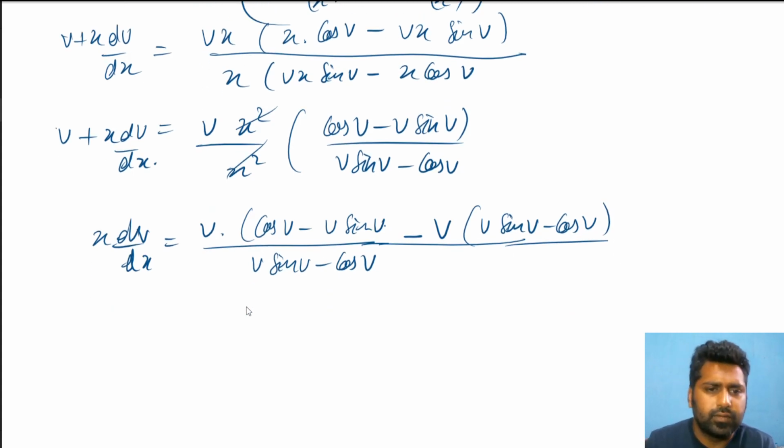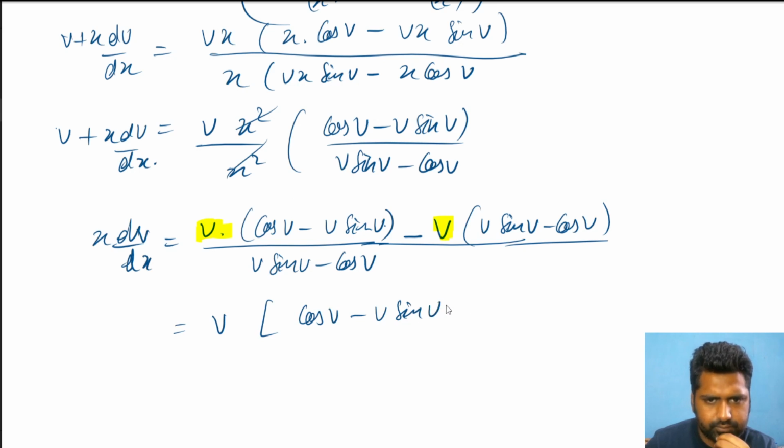Now you can take v common if you want. If you don't want to multiply this by v and then solve, you can take v common. Otherwise, you can go for the multiplication also. So cos v minus v sin v minus v sin v minus cos v plus cos v.